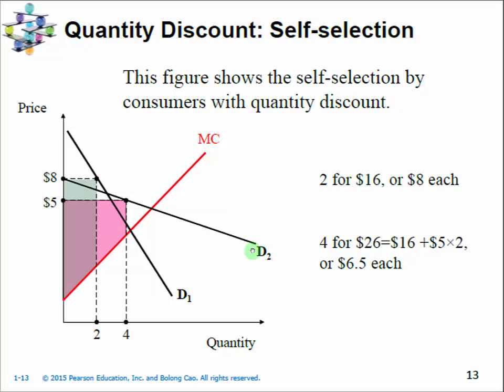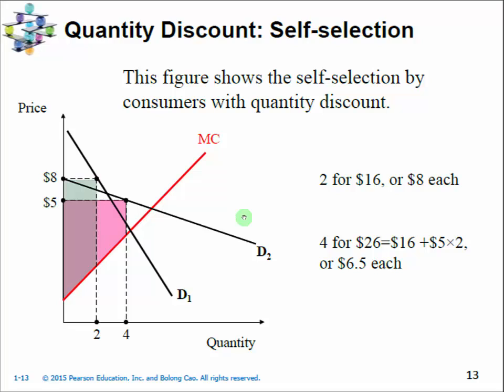Any customer with a demand curve higher than this second customer may purchase the 4-unit package as well. So this second customer is a marginal case. This second customer barely has a total willingness to pay of $26 for the 4 units, and the 4 units do charge $26.